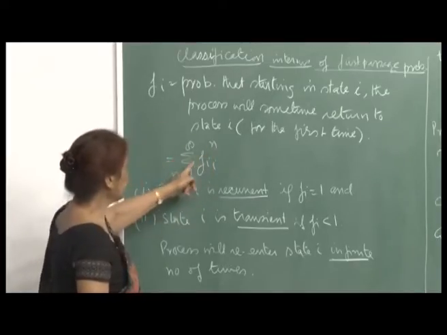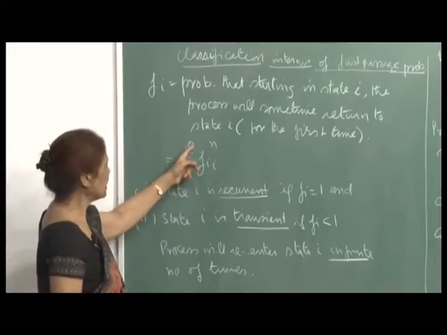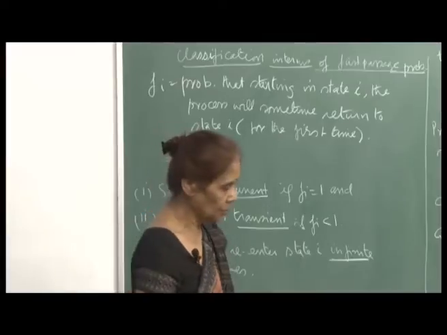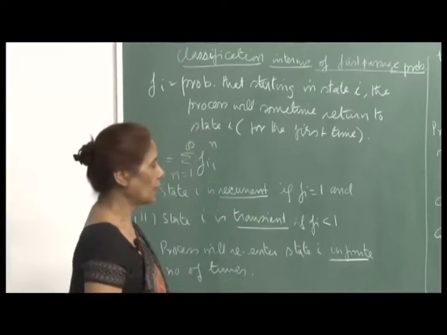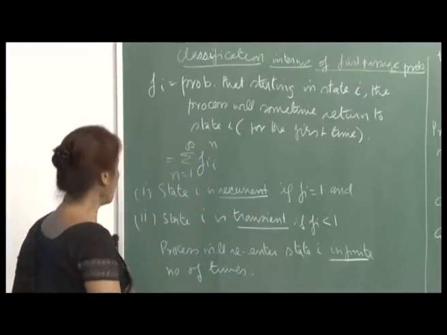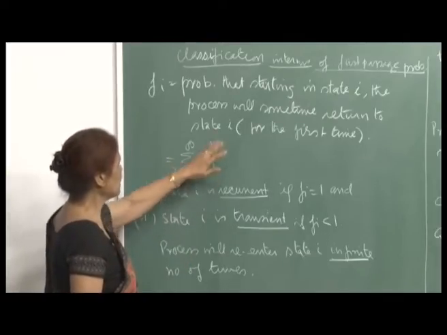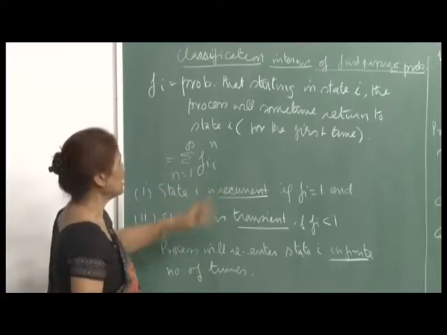So, now when we add this up from 1 to infinity, this will give us the probability of the system starting from i returning to i for the first time in any number of steps. So, all possible. Therefore, this is the probability that it will sometimes return to state i. So, that is important.